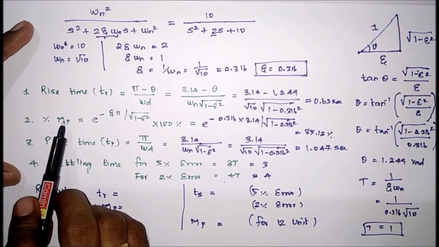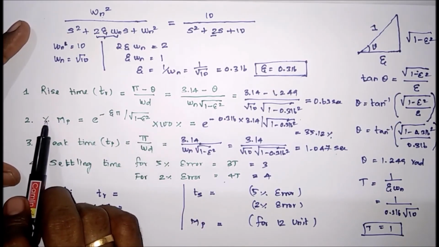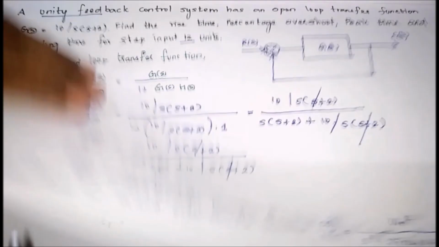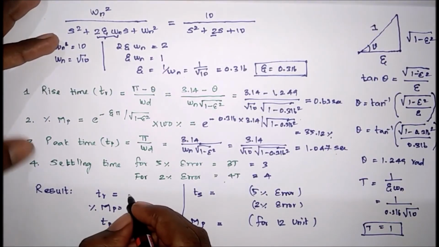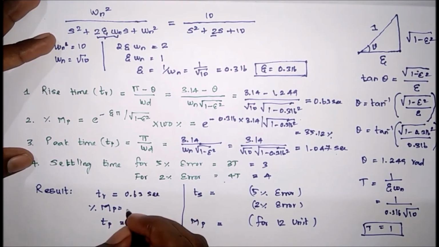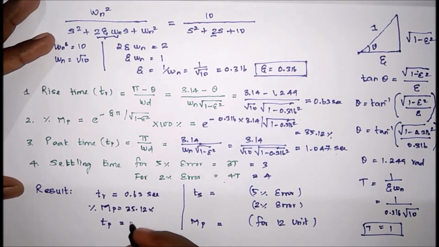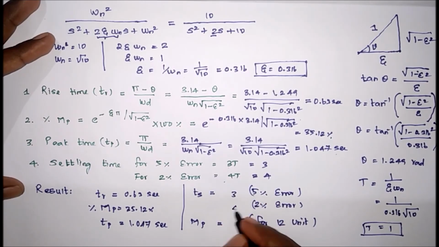But peak overshoot we can calculate for the 12 unit step input. The remaining things are the same. For example, rise time we already calculated 0.63 second, percentage peak overshoot equal to 35.12 percent, peak time equal to 1.047 second, settling time for 5% is 3 and for 2% is 4.